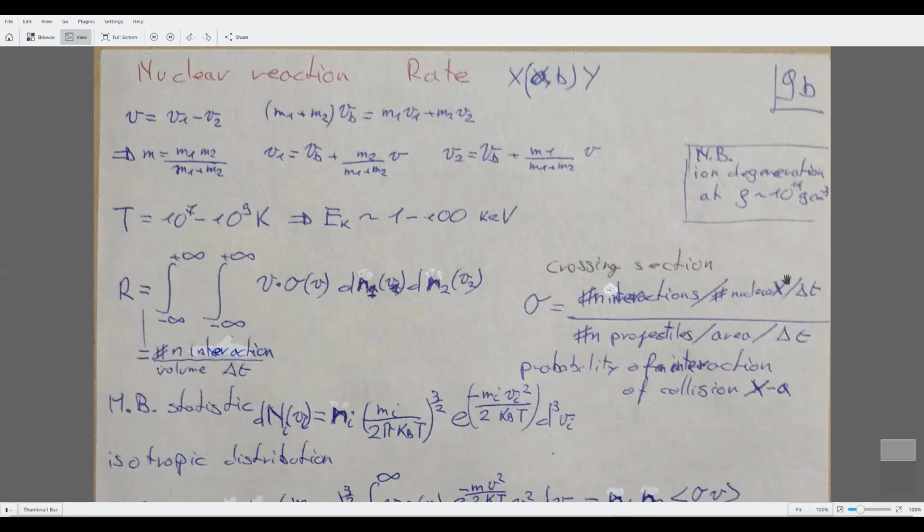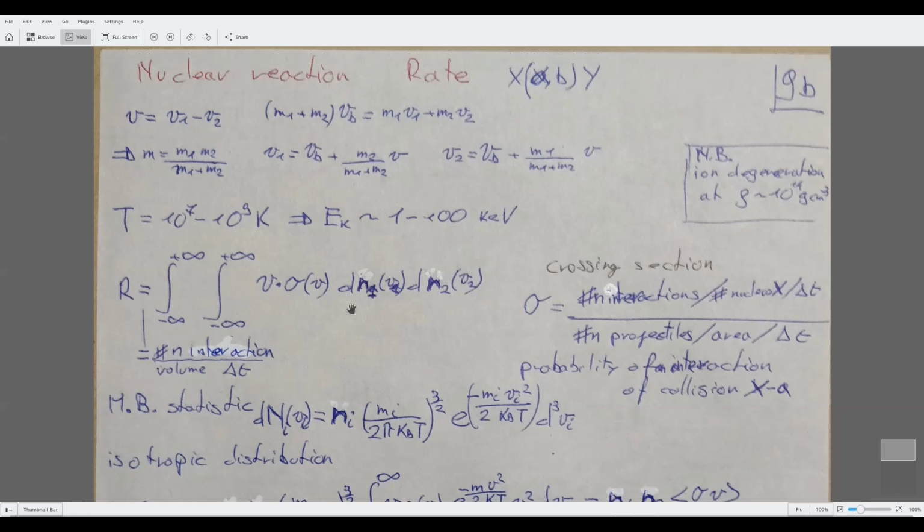No, it's the numerical density of the nucleus and the numerical density of the projectile, divided by area, divided by the time. And here it's cancelled. Here no, it's put together.